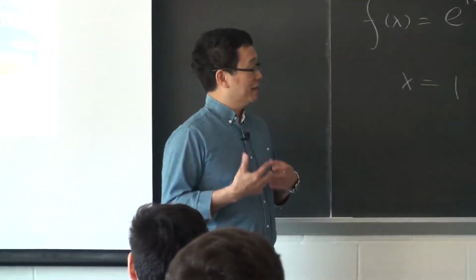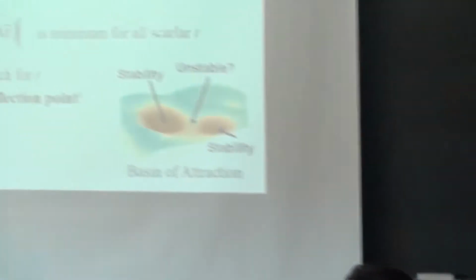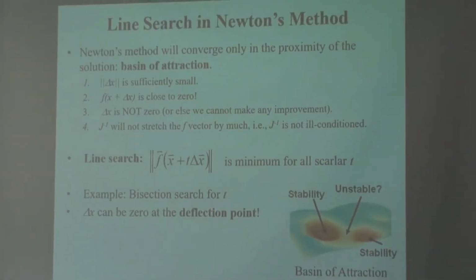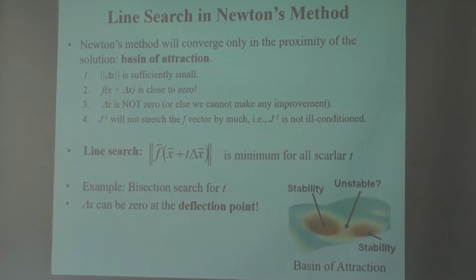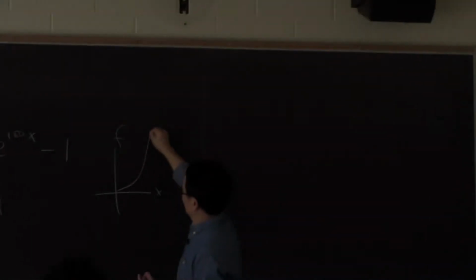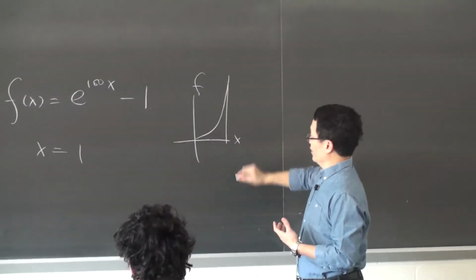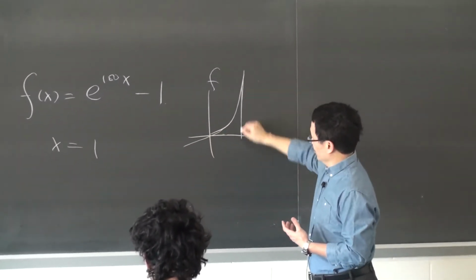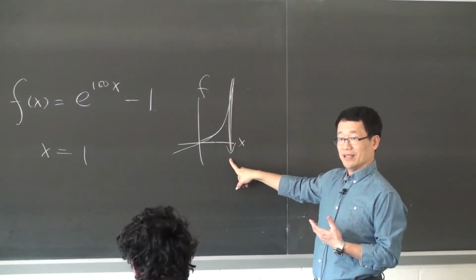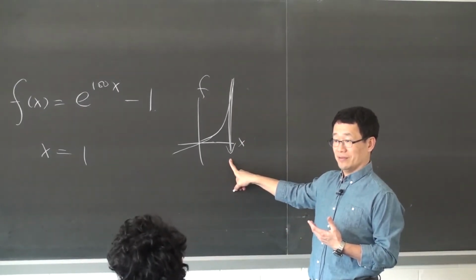And there are times when you search the directions, the first step is too large. This is concave up, nonlinearity. Your initial guess, using the slope, is too conservative.